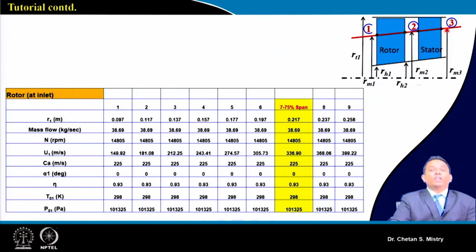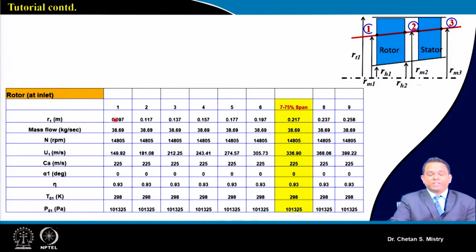Now here we need to be very careful. The entry radius we are discussing is my R1 hub and R1 tip. At the entry, that's the reason we are specifically doing our calculation, so we are writing this as R1. Do not get confused in the later stage.